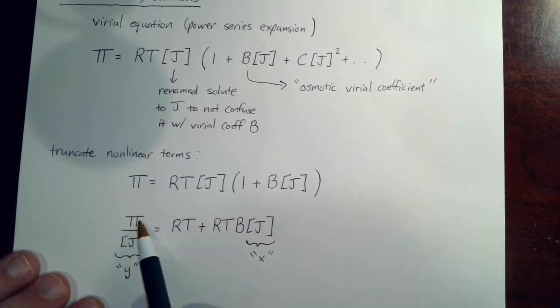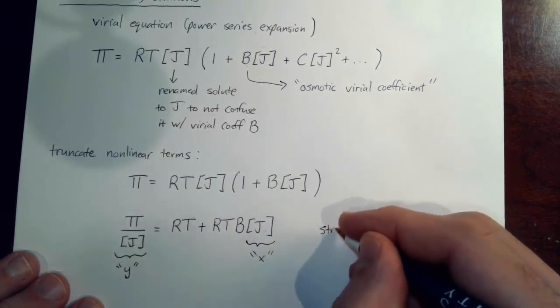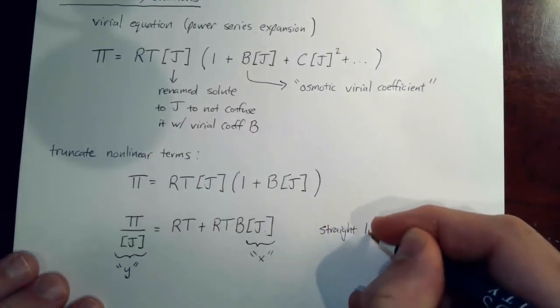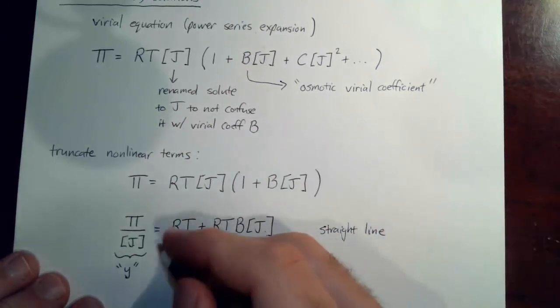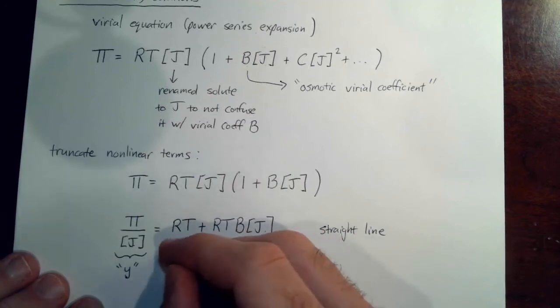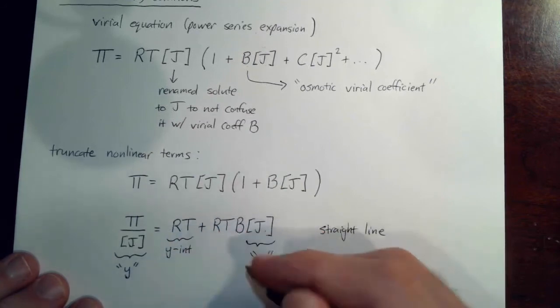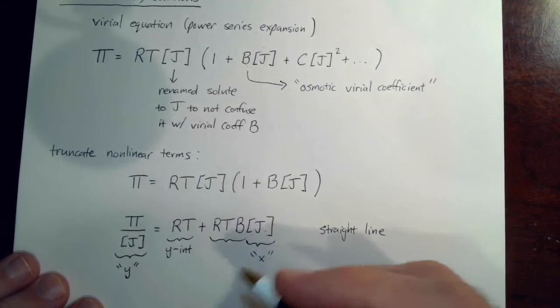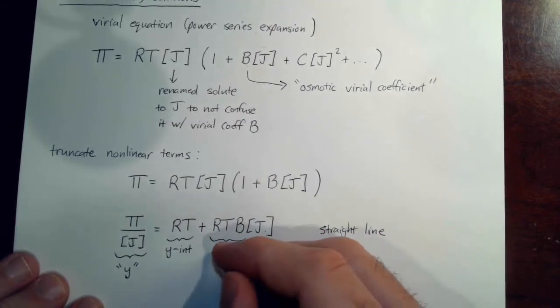If we plot pi over concentration versus the concentration, we should get a straight line, with RT as its y-intercept and RTB as its slope.